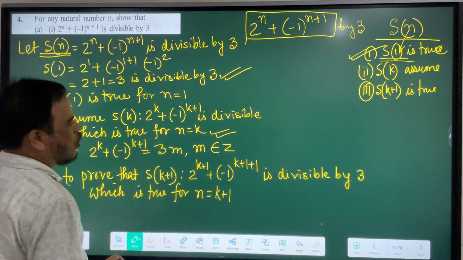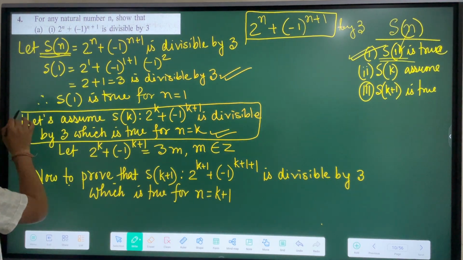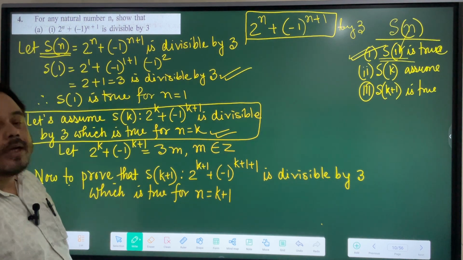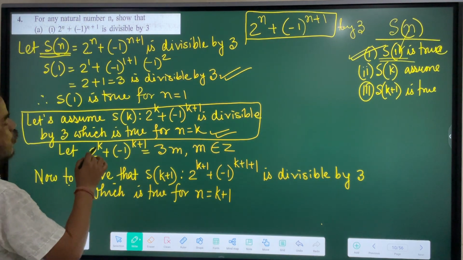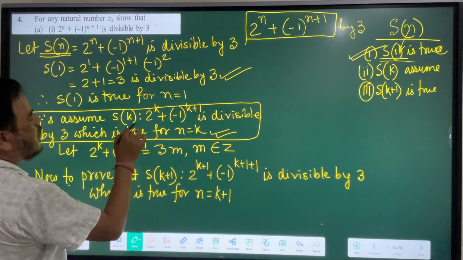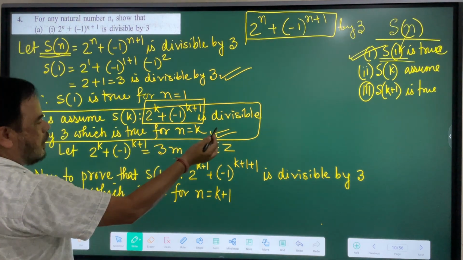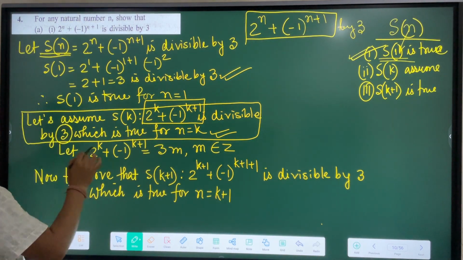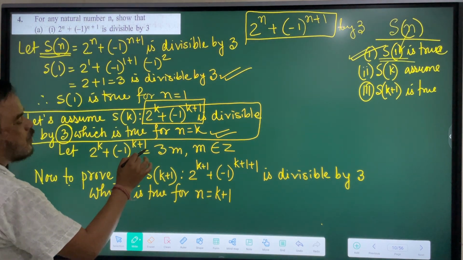This is the statement you always have to remember, and always you have to use this for Sk. So 2 to the power k plus (minus 1) to the power k plus 1 equals 3m.